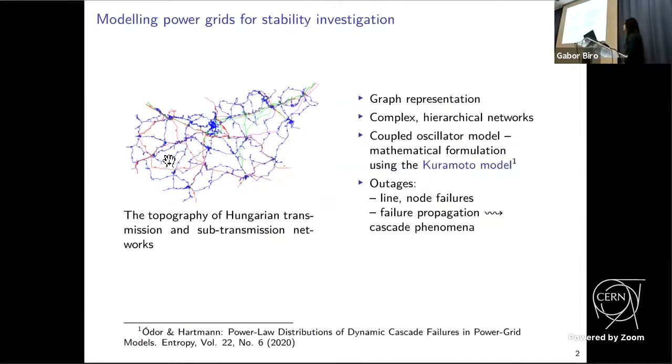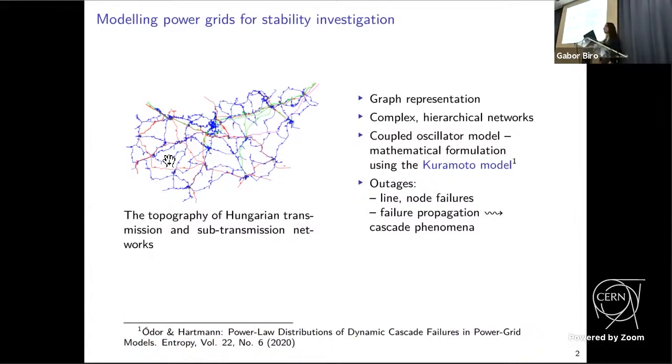Let me tell you how we model the power grids using the Kuramoto model in order to investigate these outages. So the Kuramoto model is a system that can simulate all kinds of networks in real life, and it sees these networks as a set of coupled oscillators, meaning that it abstracts a real life network as a graph.